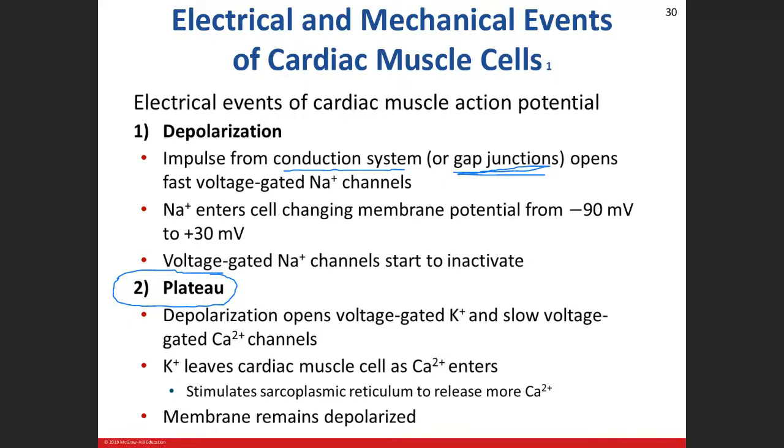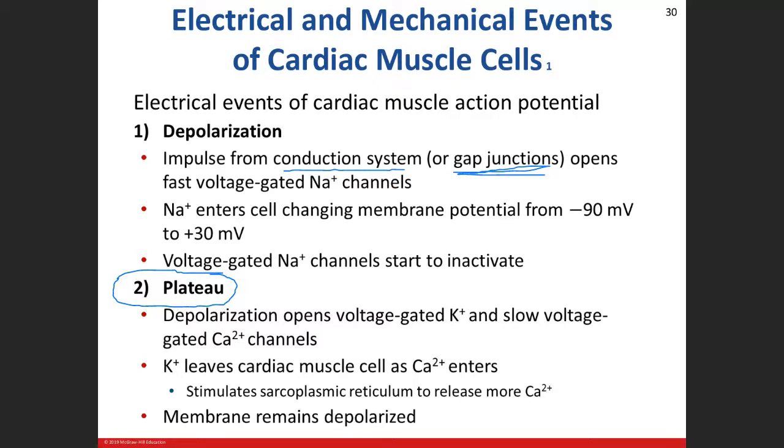The fast voltage-gated sodium ion channels open up first. That causes a huge rush of sodium ions from outside the cell to enter the inside of the cell, and it's so much of a rush that our resting membrane potential goes from -90 all the way up to +30.